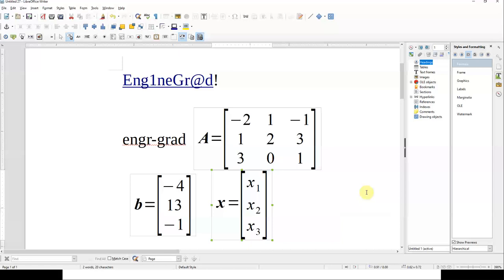So if you look at it, x1 times 1 is x1 plus 0 plus 0. So the first is going to be x1. Then next row, x1 times 0 is 0, x2 times 1 is x2, x3 times 0 is 0. So the next one is x2, and the last one will be x3. So we see that x1, x2, x3 times the identity gives you back x1, x2, x3, because the identity is like number 1.